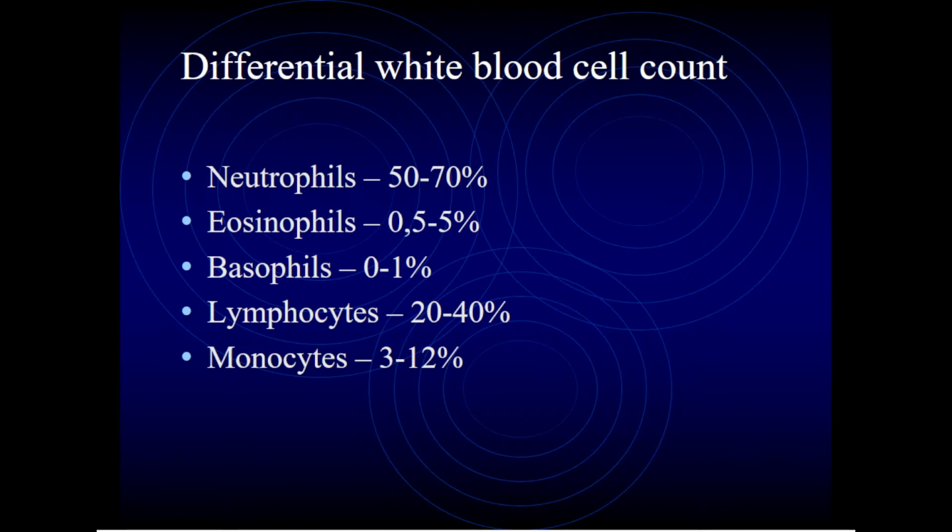Neutropenia, which is when the neutrophil count reduces below 50%, is observed in conditions in which there is a marked decrease in the number of neutrophils, for example, in fever or influenza.